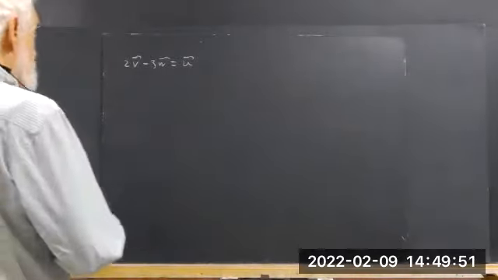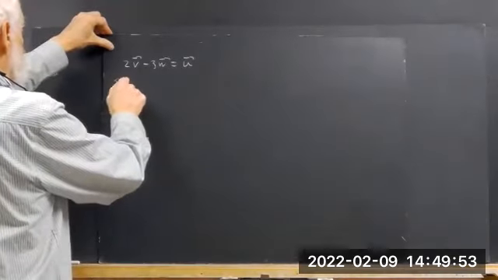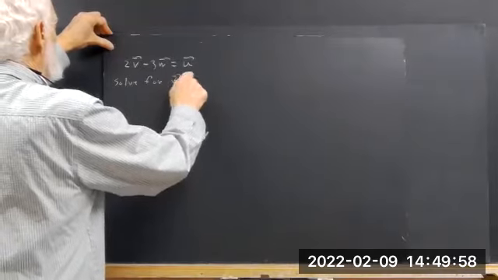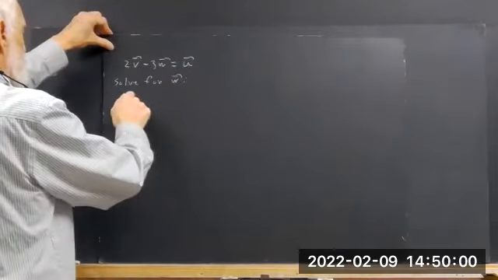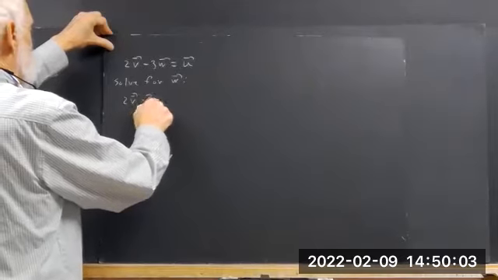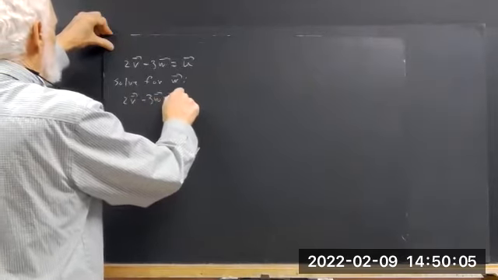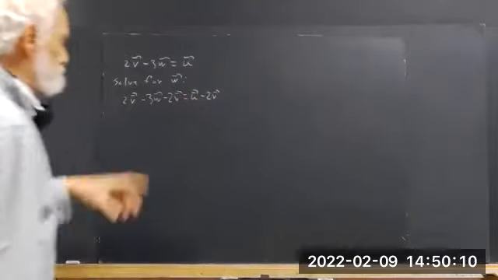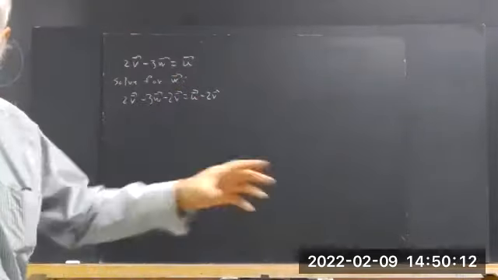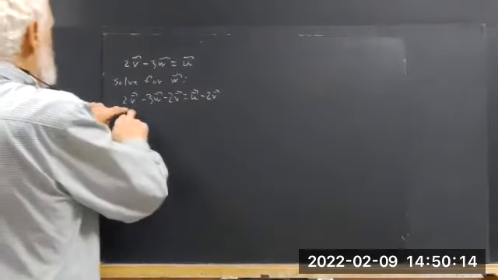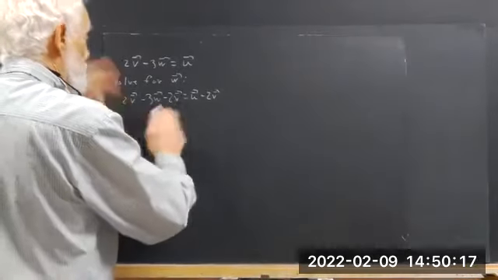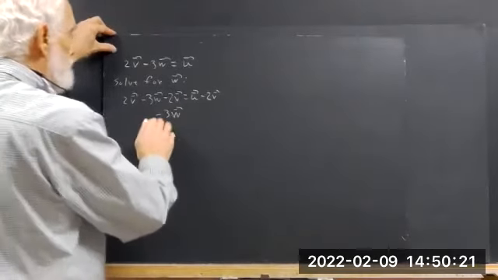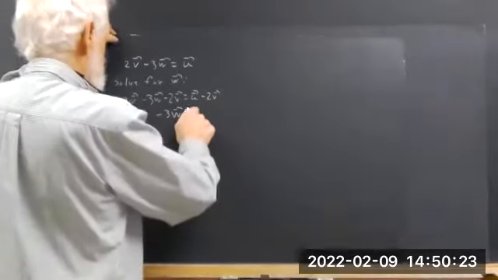Then we can solve for W. We can do 2V minus 3W minus 2V equals U minus 2V. We add the same quantity, negative 2V, to both sides. And since we have the inverse property, 2V and negative 2V add up to the zero vector, which then added to 3W just gives us 3W.